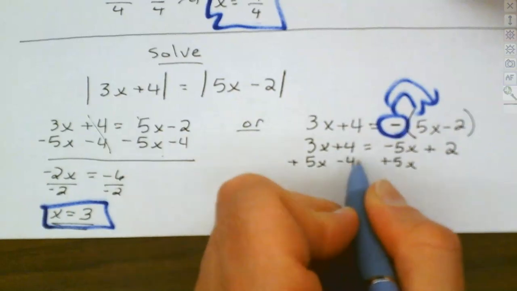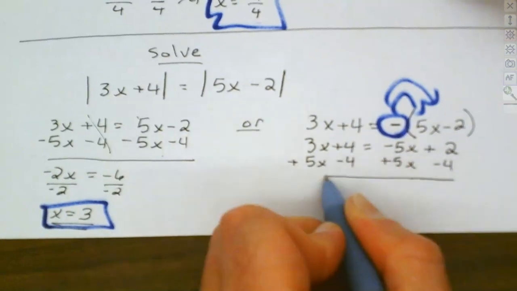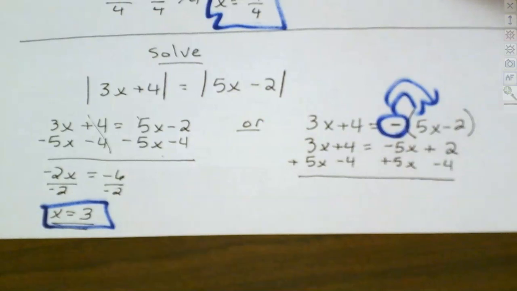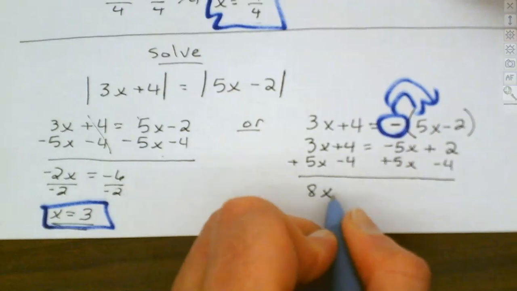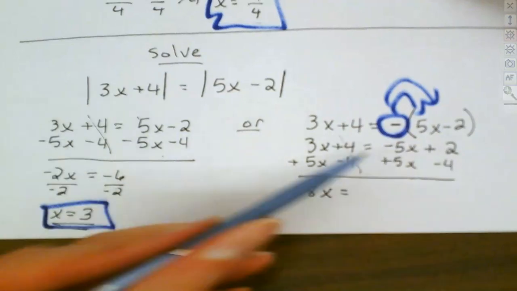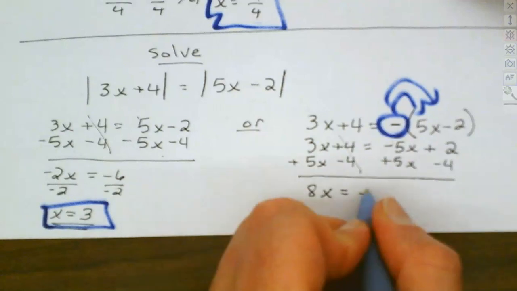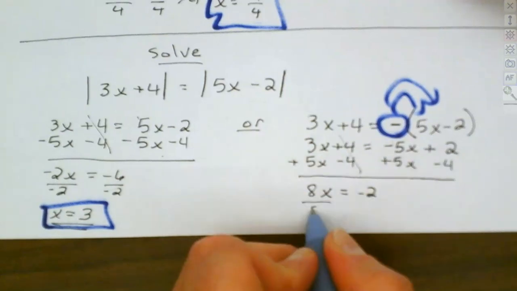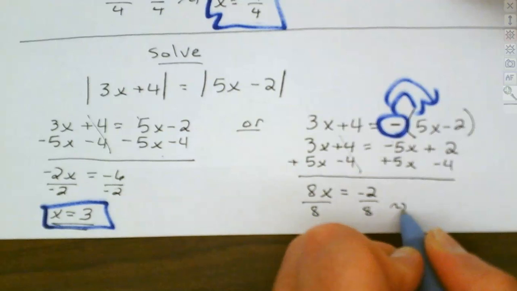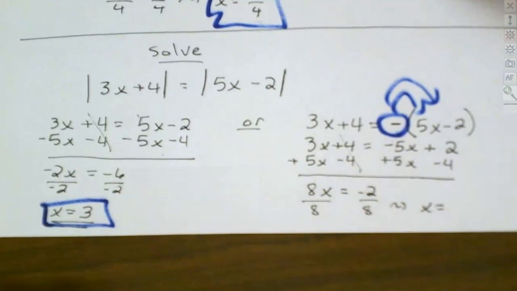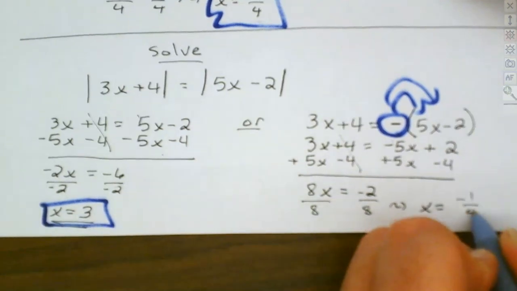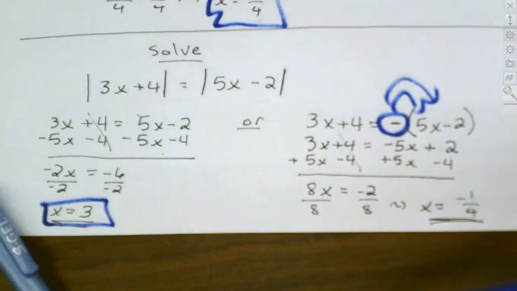And move that 4 over with subtraction. 3x and 5x makes it an 8x. The 4's cancel. 5x's cancel. And 2 minus 4, that makes it a minus 2. Divide by our 8. And what's my final answer for this one? When I reduce, x equals a negative 1/4.